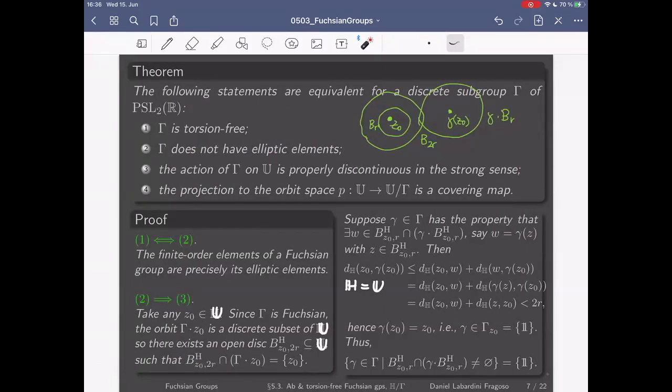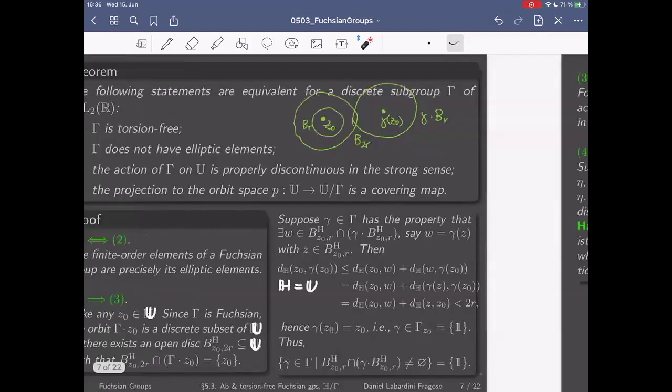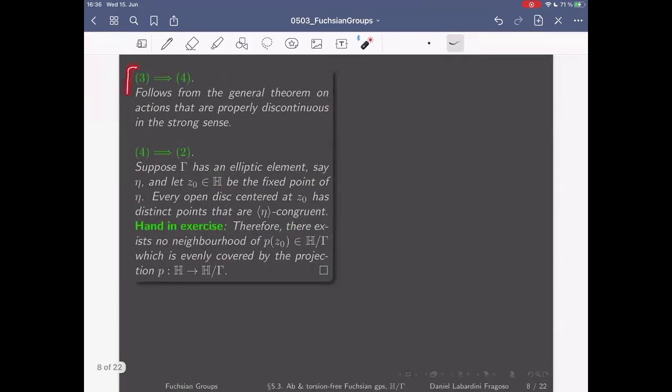Then we want to look at 3 implies 4, and this is basically the main result for properly discontinuous actions in the strong sense: that this projection to the orbit space is a covering map. So that's this implication.